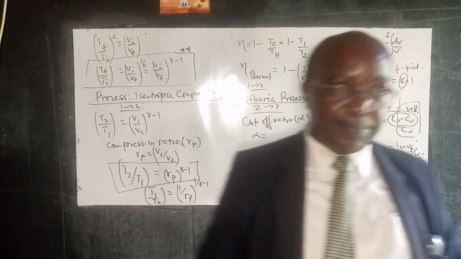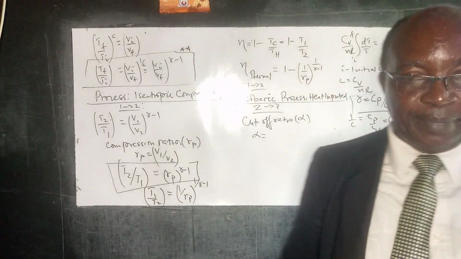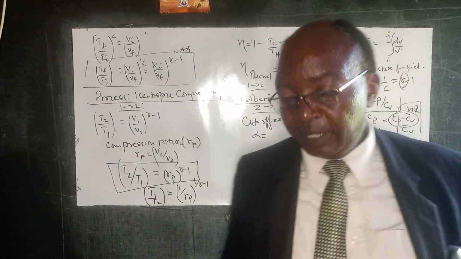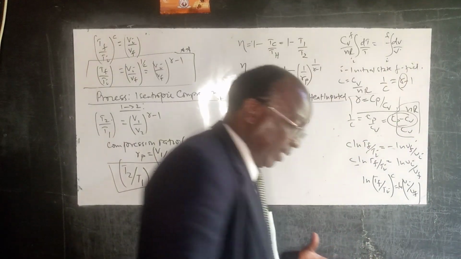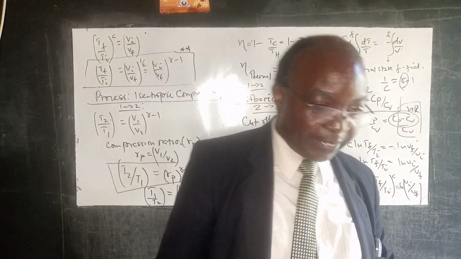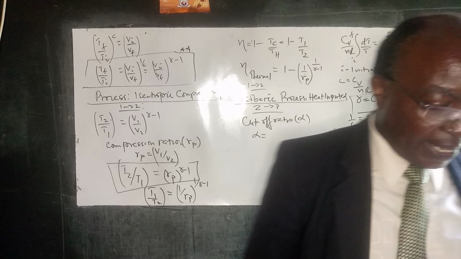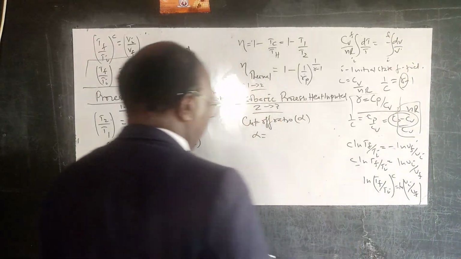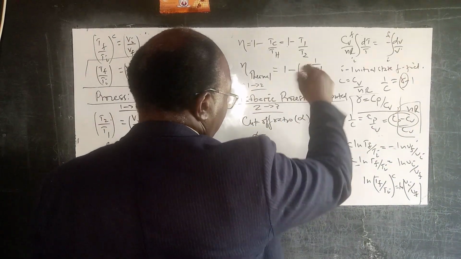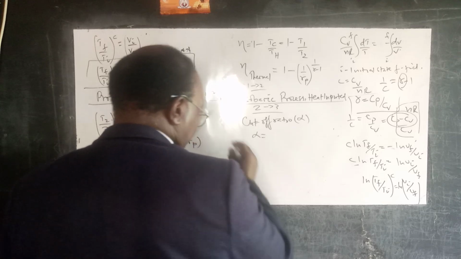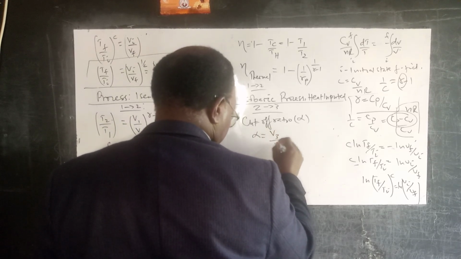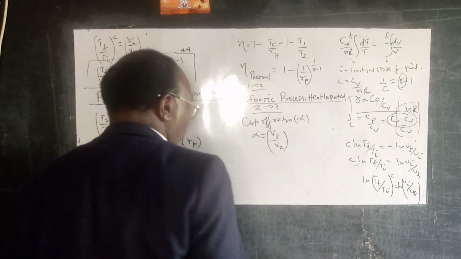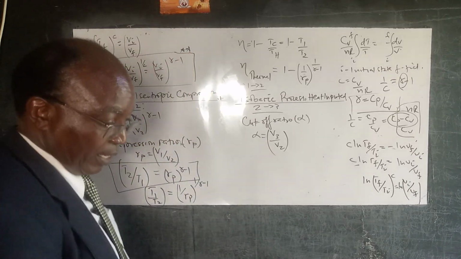But I don't like using kappa because kappa also is isothermal compressibility, which is another very important quantity. And alpha is isobaric coefficient of thermal expansion times V, which is also another very important quantity. So avoid overlap in the use of the symbols. So alpha is V3 over V2.